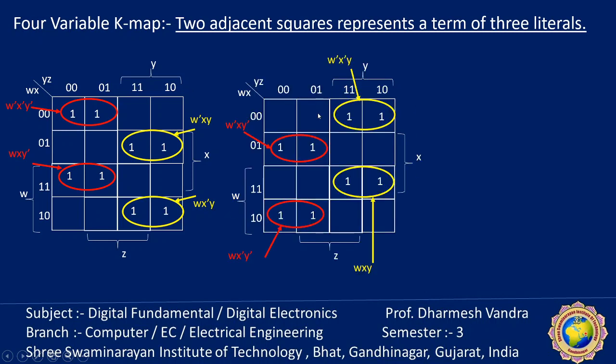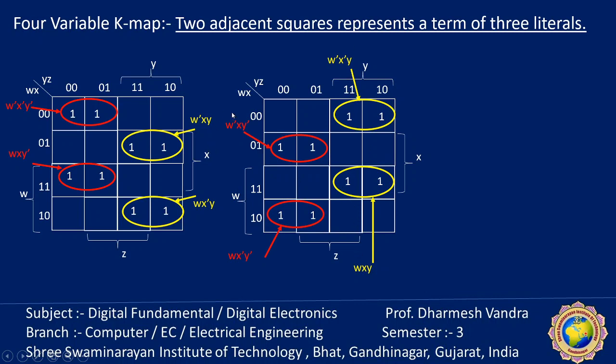Another possibility is WXY: a total of 8 combinations are there. So 1, 2, 3, 4, and the remaining are W dash X dash Y, 0 1 0, 1 0 0, W X dash Y. 001 is W dash X dash Y; in this yellow circle, 1 1, so WX, and Y is also 1, so WXY.